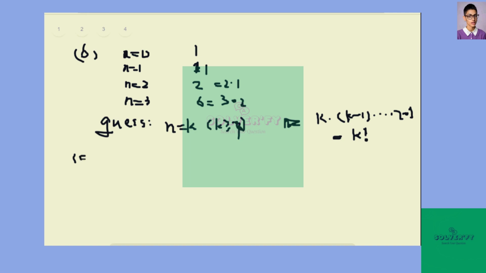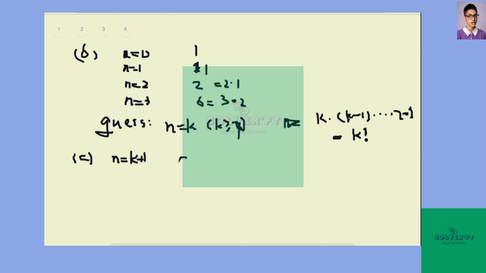For part C, we use induction to prove this result. So assume for n equal to k, the result is k factorial. We need to check the case n equal to k plus 1.